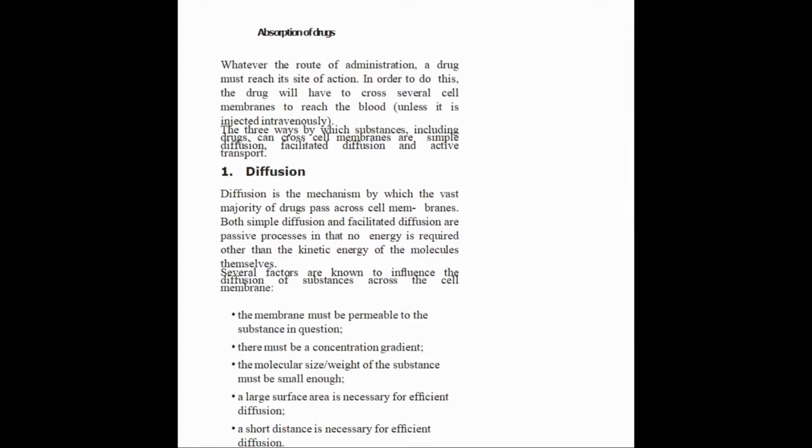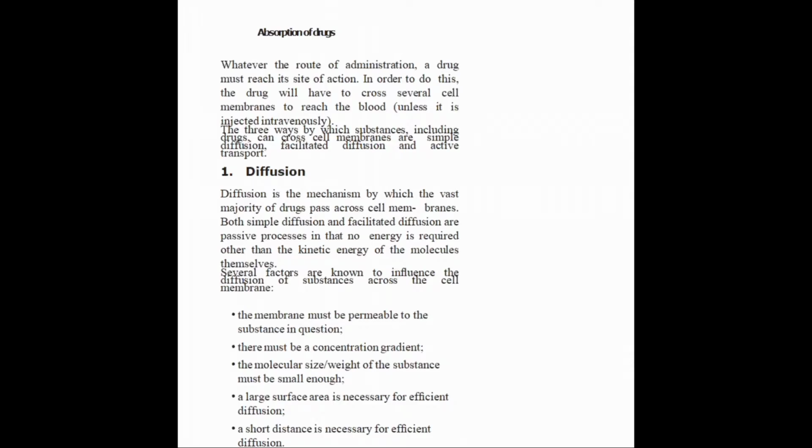Okay, so there are several factors that are known to influence the diffusion of substance across the cell membrane. So what are those factors? The membrane must be permeable to the substance in question. It is very important. If the membrane is not permeable, that means if the substance cannot pass through the membrane, then it's as good as nothing.